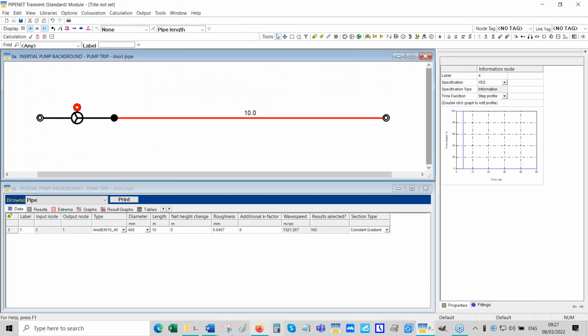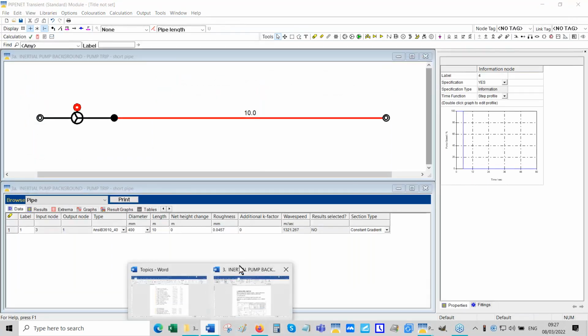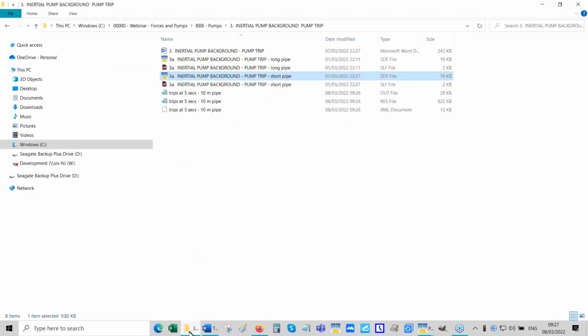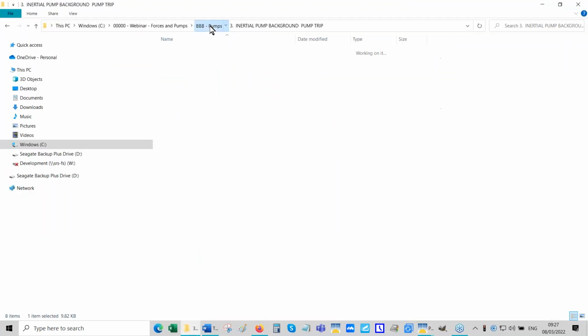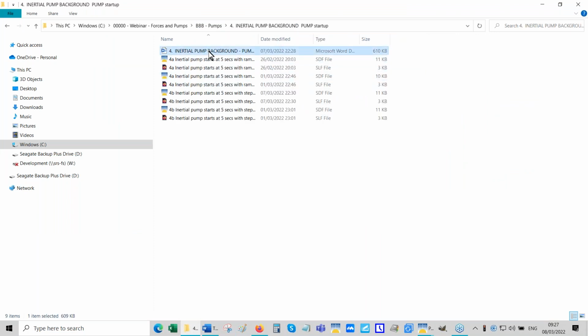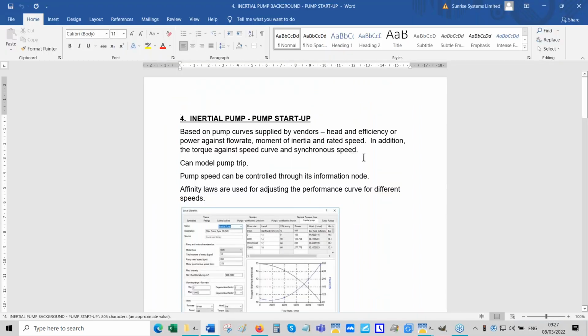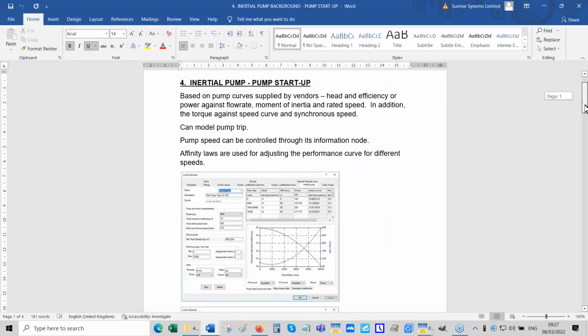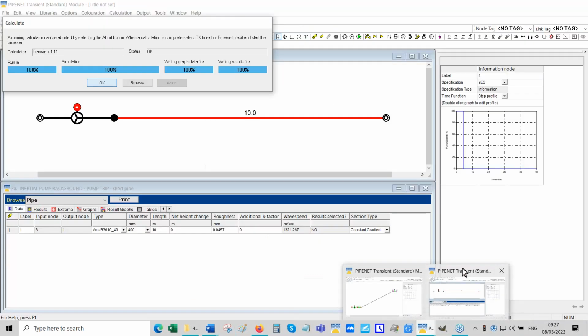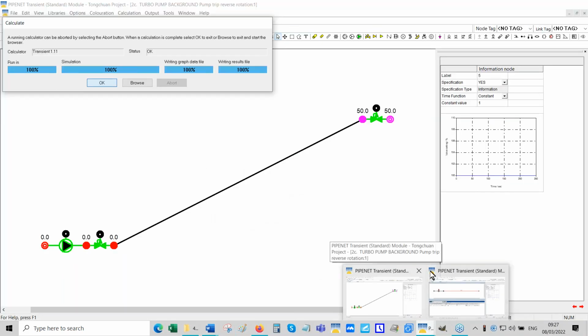Let's go here. Inertial pump in the startup mode. As I said, there are two modes. Let's stop all these things.